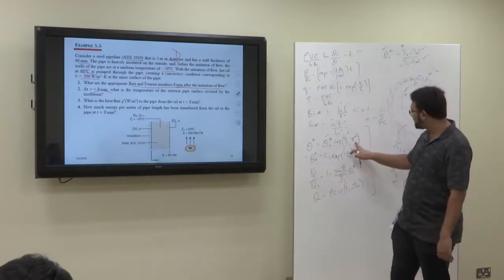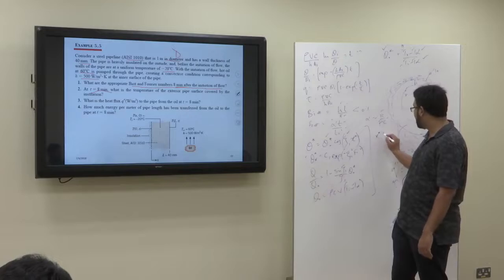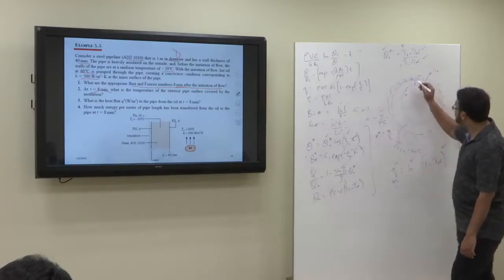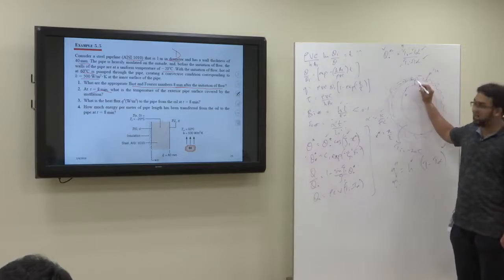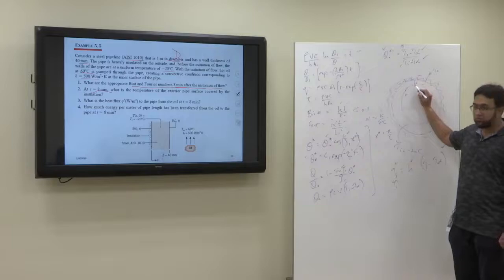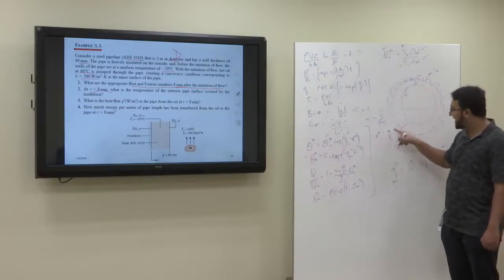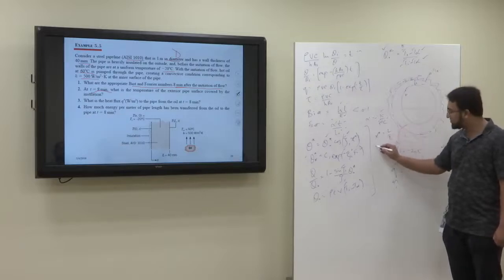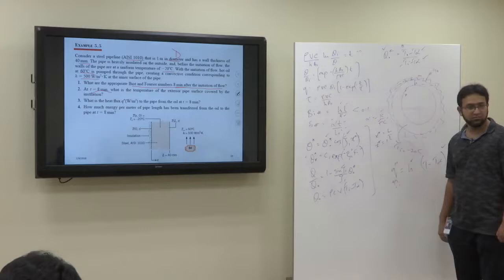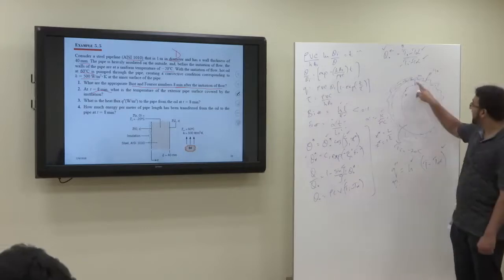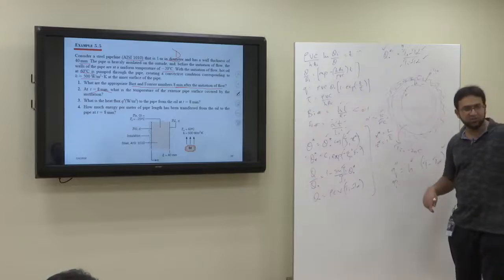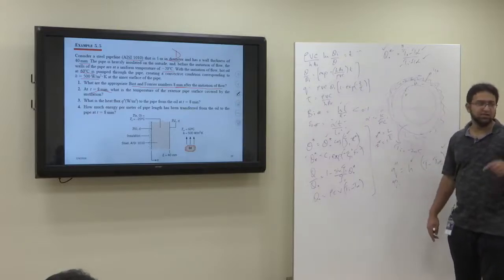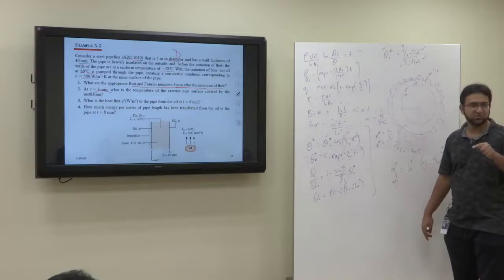What about x star? x star is x over L. In this case, this is our adiabatic surface, so that is our reference point x equals 0, and here x is L. So we want to find it at x equals L. L upon L becomes 1, so x star becomes 1, right? Because x starts from the adiabatic surface, where x is 0, and then we move towards the outer surface.